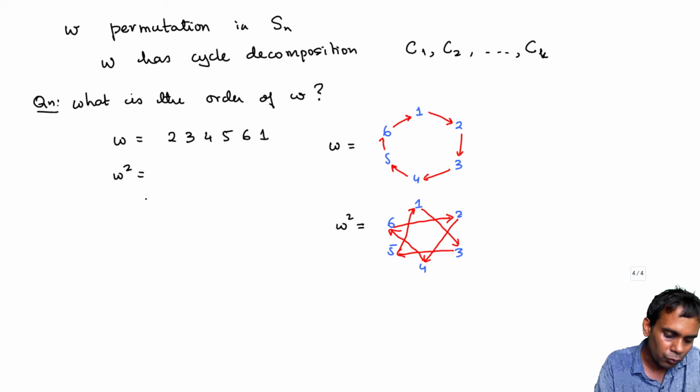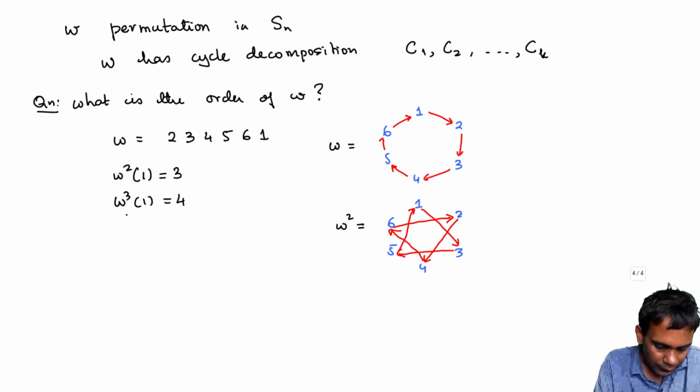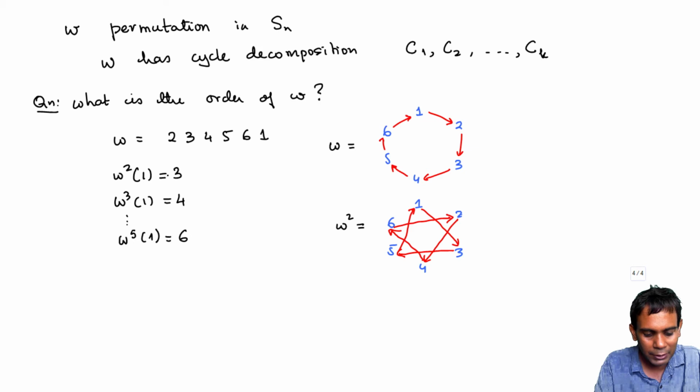W squared of 1 is 3, W cubed of 1 is 4, and so on. W to the 5 of 1 is 6. So W squared, W cubed, none of these can be the identity element because none of them take 1 to 1.